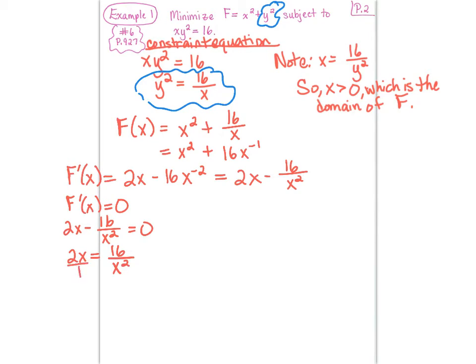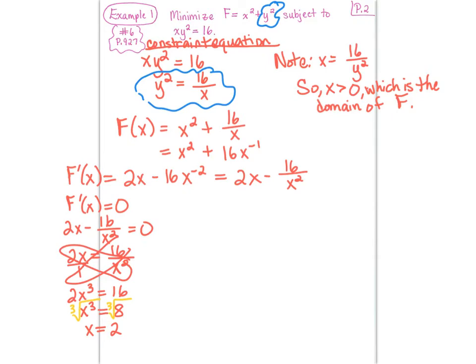Think of that as over 1. You have 2x cubed equals 16, so x cubed, dividing both sides by 2, equals 8. Now we can take the cube root of both sides, and that gives us x is equal to 2.